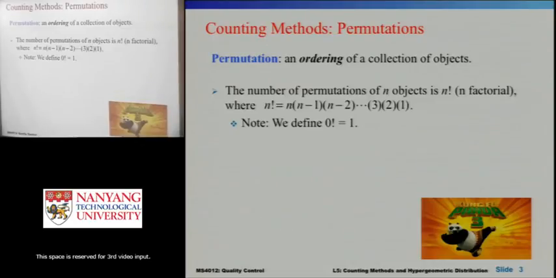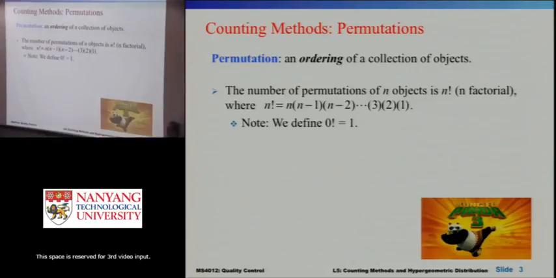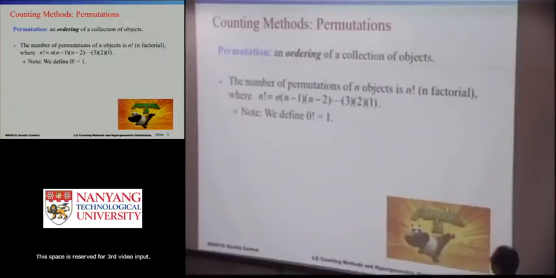And n factorial is n times n minus 1 times n minus 2 up to 1. So the smallest number is 1. For the factorial of 0, we just define it to equal 1. For all others, you can calculate it by this formula. And n must be an integer.